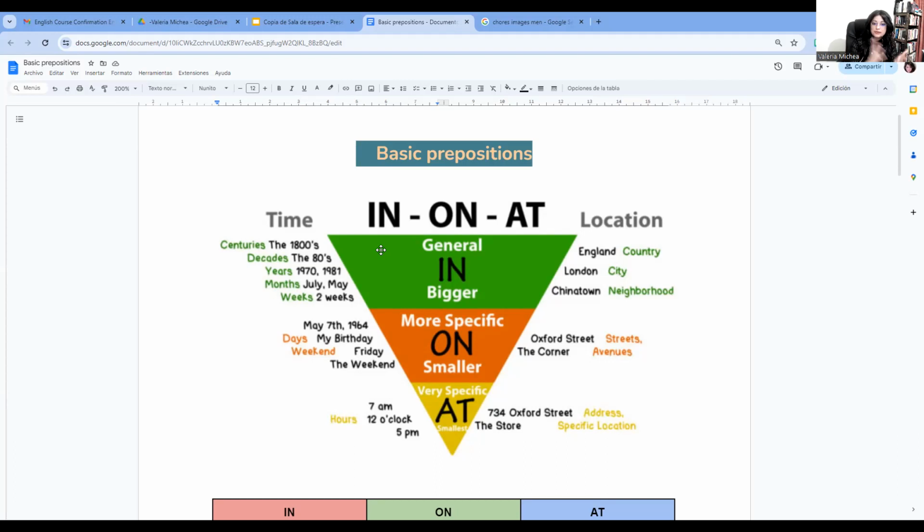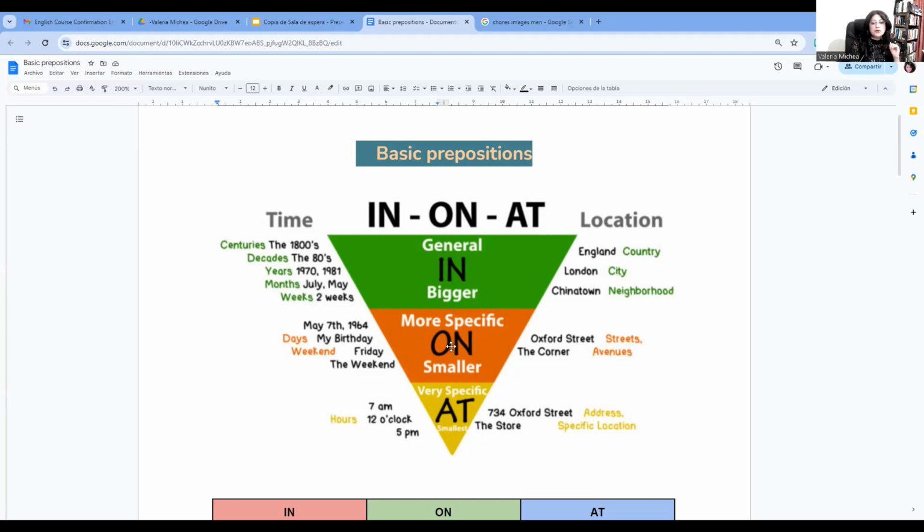When you want to use in for location, you have to refer to big locations like countries, cities, neighborhoods. That's why we have here general and big, for big periods of time and for big locations.